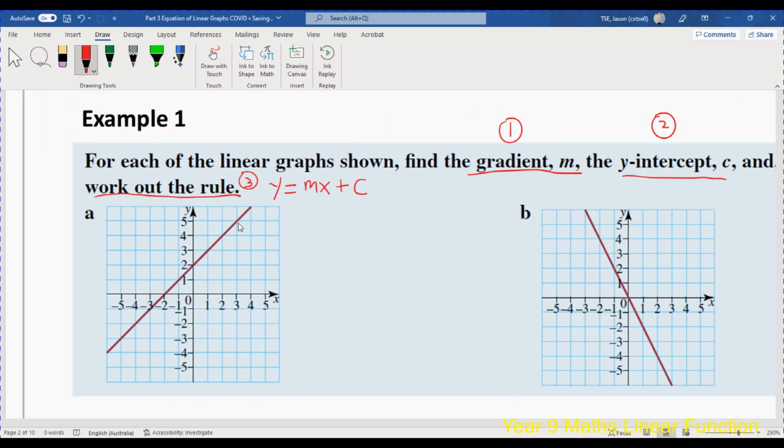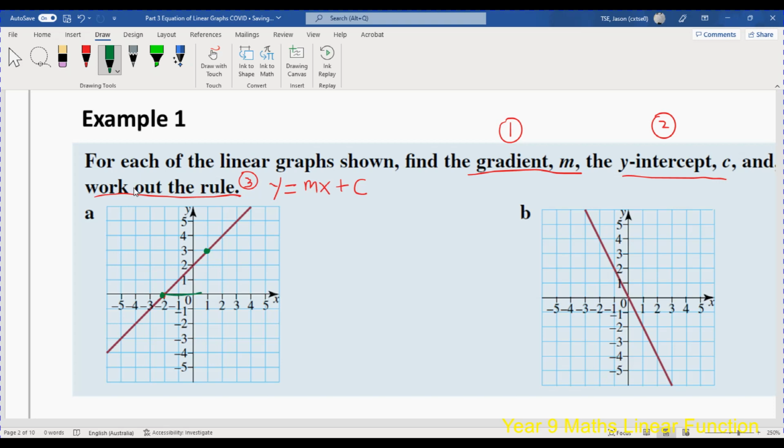So let's just pick any 2 points. Let's start with, how about this point? Use another color. Okay, and any other points you want? How about here? Okay, so each little square is 1 unit.